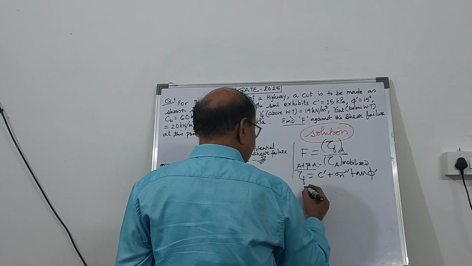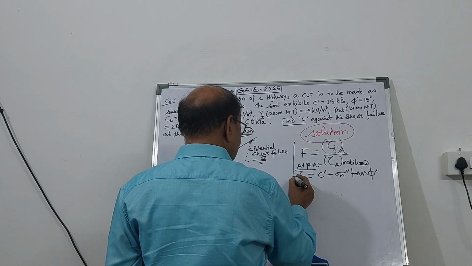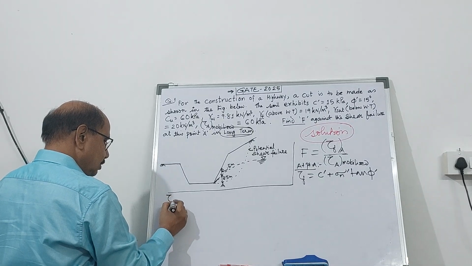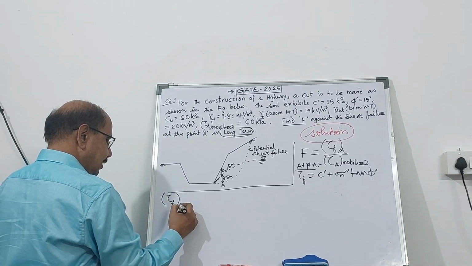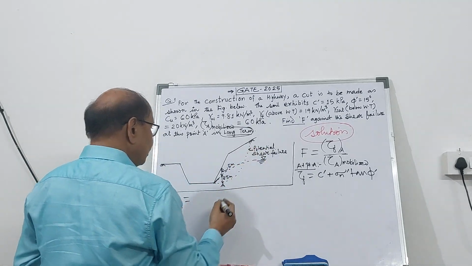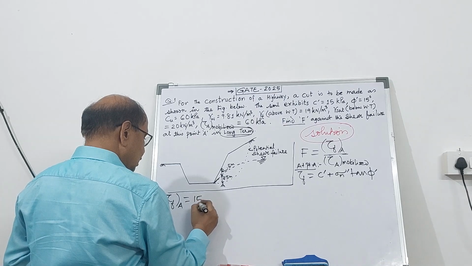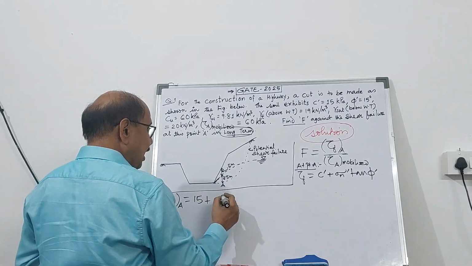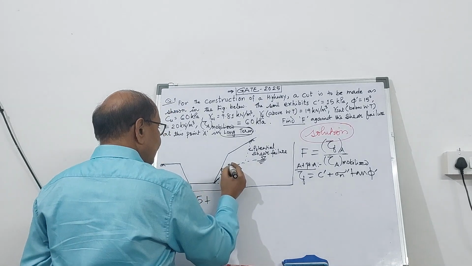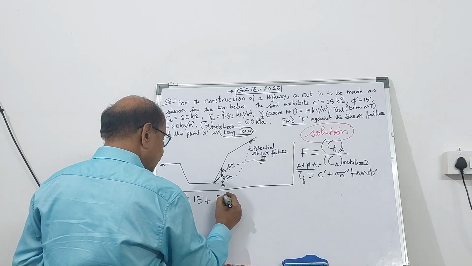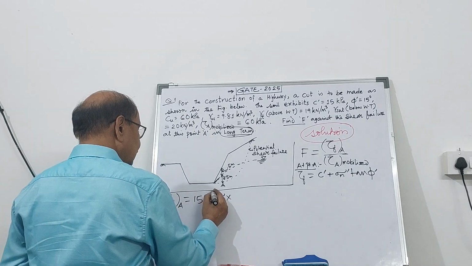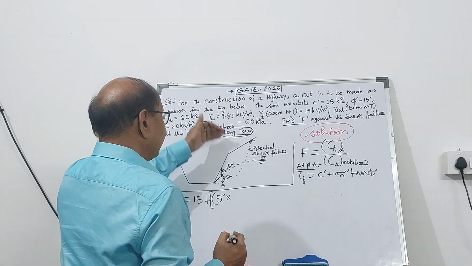Therefore, we can substitute the values and get the value of tau F at point A. C prime is already given in the problem as 15 kilopascal, and sigma n prime, the normal stress at point A, will be, up to 5 meter, above the water table.